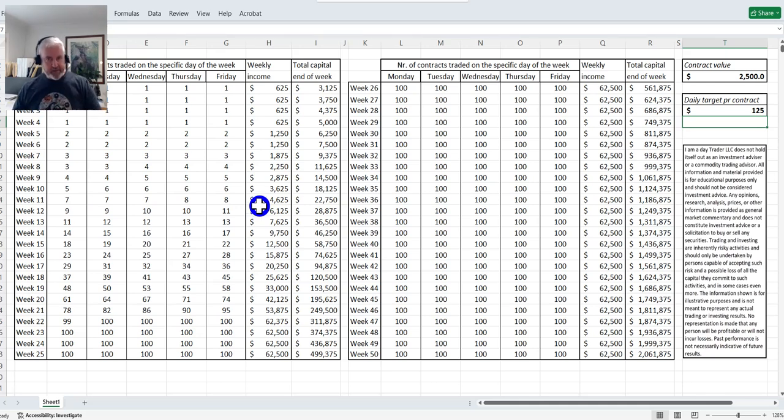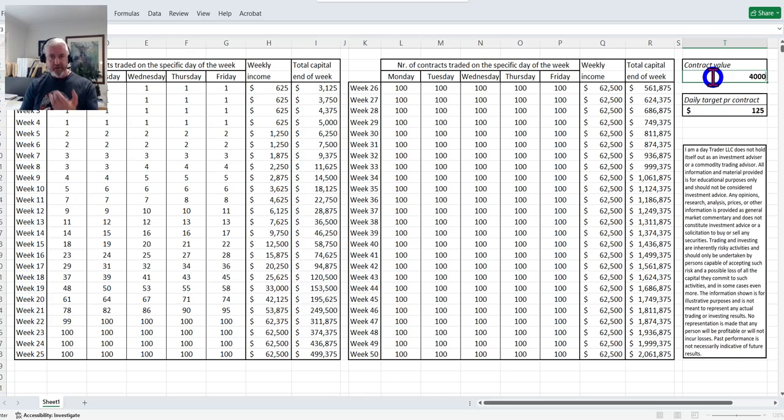Now I do have to say this on the Russell, the Dow, even the NASDAQ: if you're trading any more than 10 contracts, you get a lot more slippage. I'm saying this for the benefit of the really experienced traders here. If you like the Russell, which trends beautifully, and that's what we're looking for in a market, markets that trend, you can start trading the Russell during the New York hours.